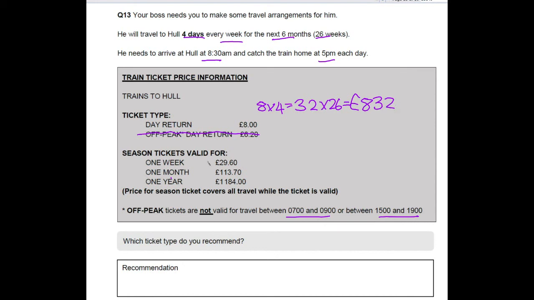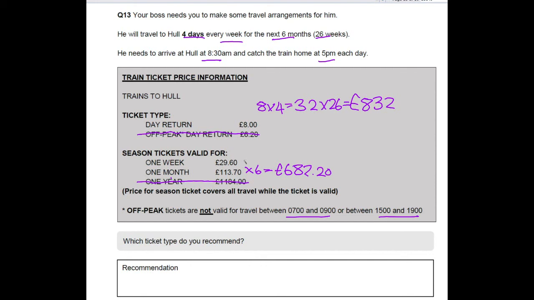The season tickets are valid for 1 week, 1 month, or 1 year. So the 1 year one is already too expensive. So let's work out the cost of the monthly ticket. So if he's going to be working for 6 months, it's £113.70 times the 6 months he needs to travel, which is £682.20.